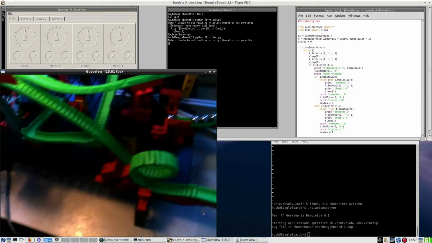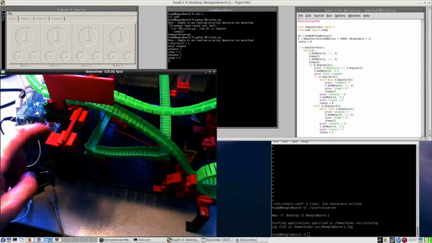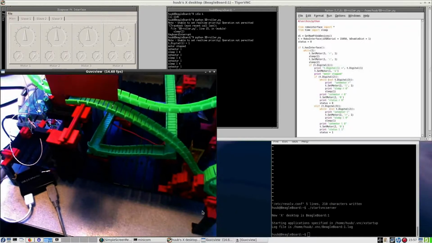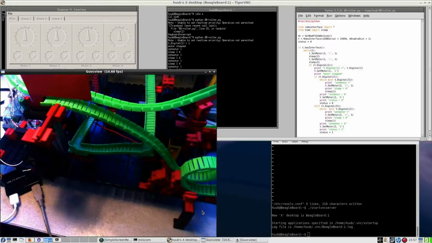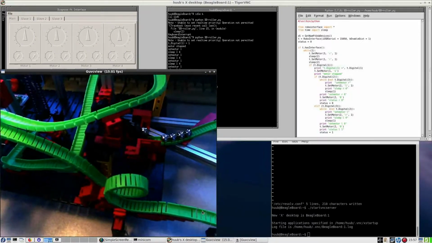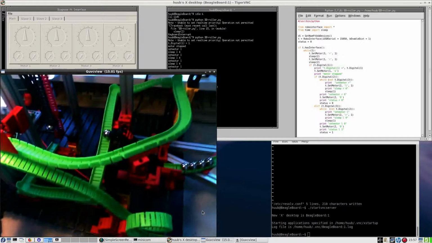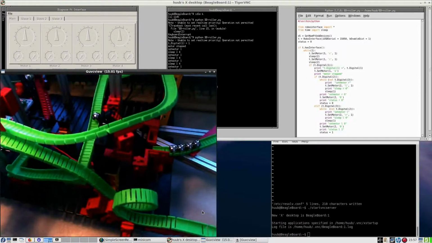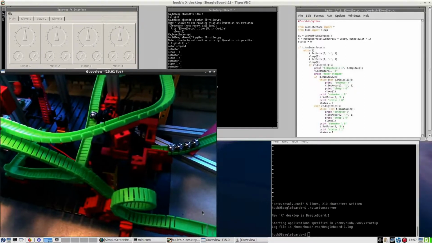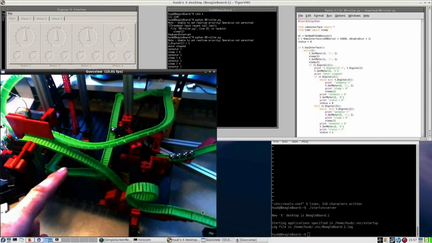Okay, time for another step. That goes nice. And that one is waiting, so yeah, I leave it at this and wait for another ball here.